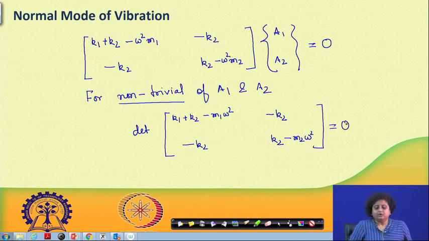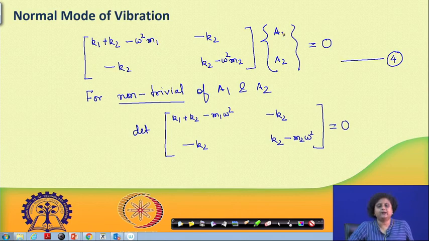Okay. Let me repeat this once more. From this equation, let me call this equation 4. One possible solution of equation 4, since my right hand side is 0, is that A1 and A2 both are equal to 0. That is the trivial solution. Now, if A1 and A2 are 0, then U1 and U2 are also 0, which is a trivial solution, which is not acceptable.